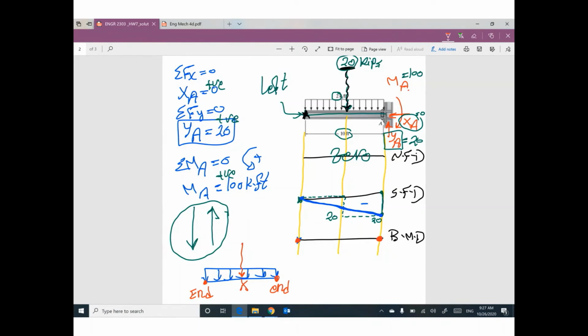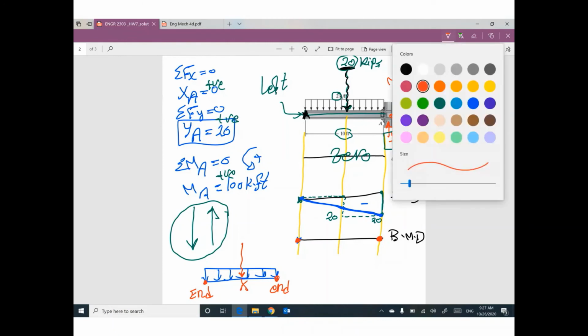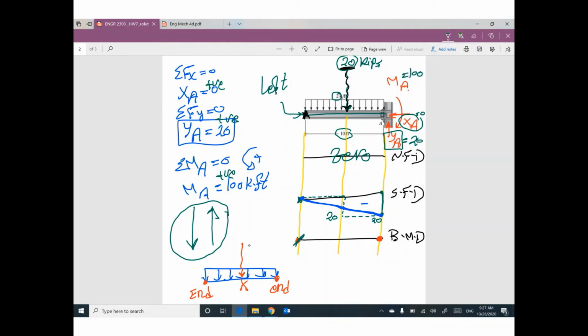That's it. The first value is 0. Your value here is 0. This end is a free end. So I need to figure out the value here. Your value at the end equals the previous value, which is 0, plus the area of shear between the 2 points.